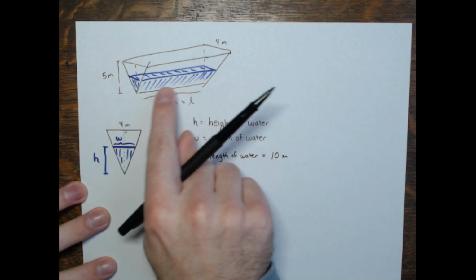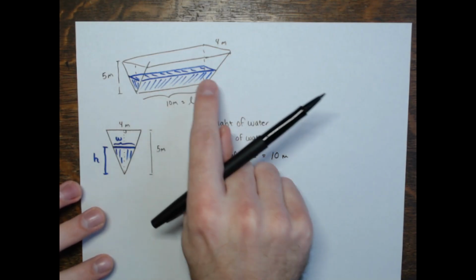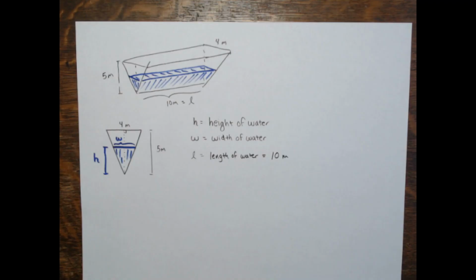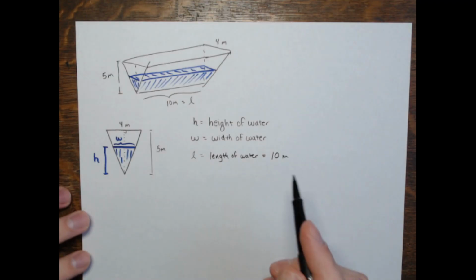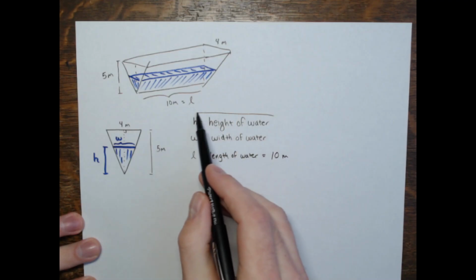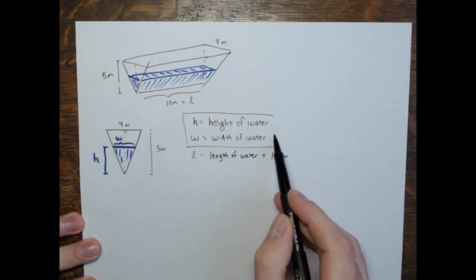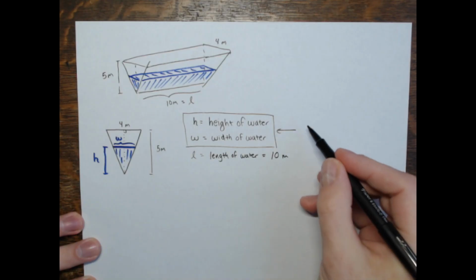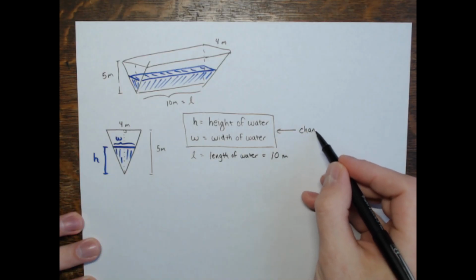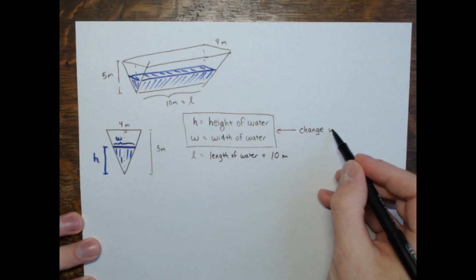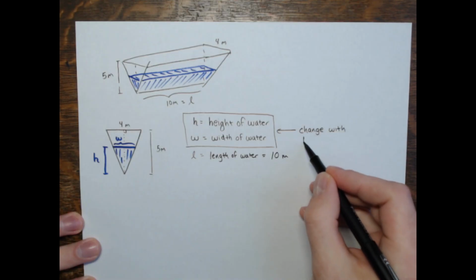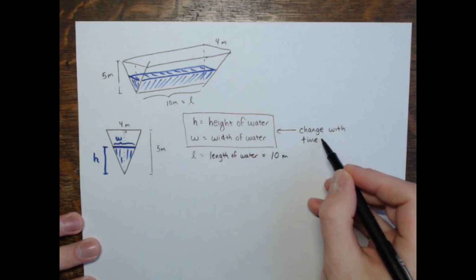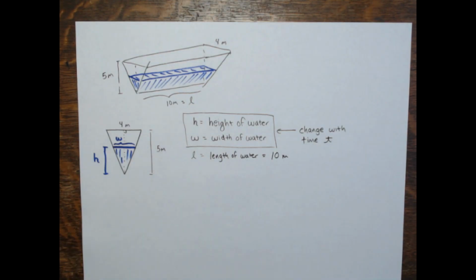All right, so that's constant. So I'm not worried about that. I can fill that in later. But here are the only two quantities that change with time. So these are my functions of time, and again, I'll call time t.